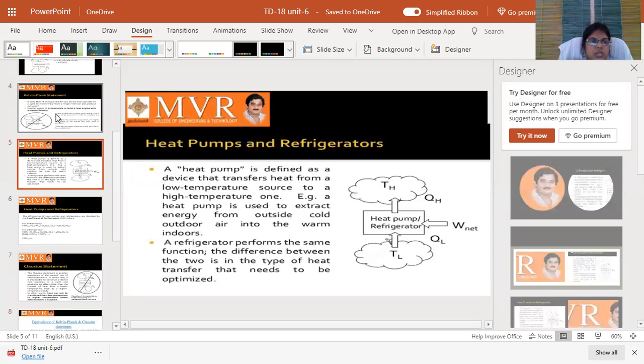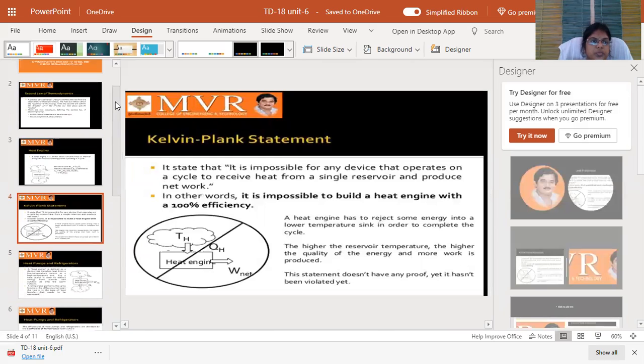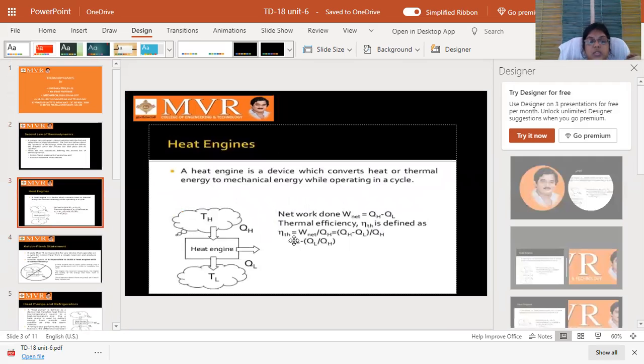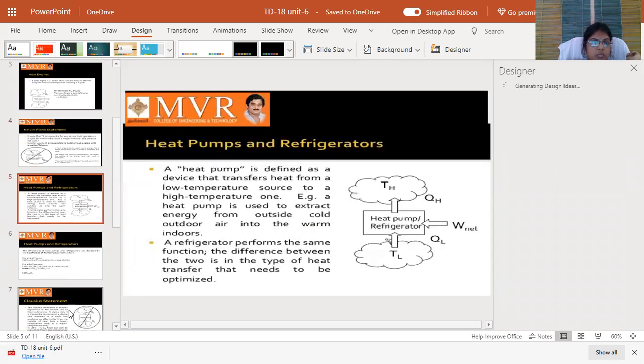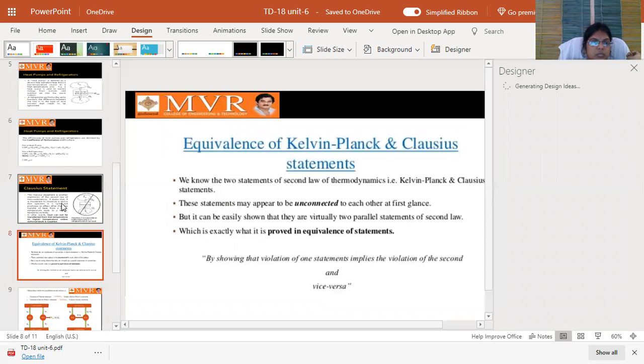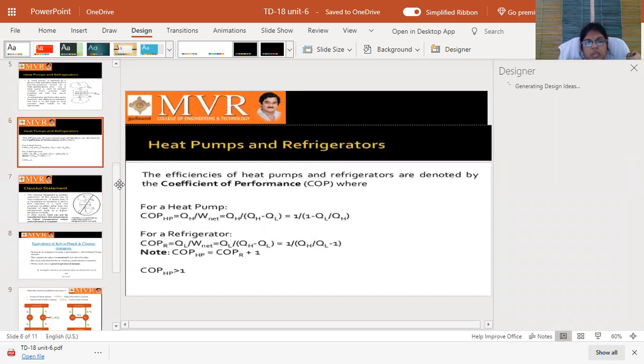So you just have to remember these formulas. What is the thermal efficiency? Work done divided by heat supplied is the thermal efficiency of a heat engine, and then the COP. Those formulas are very important.